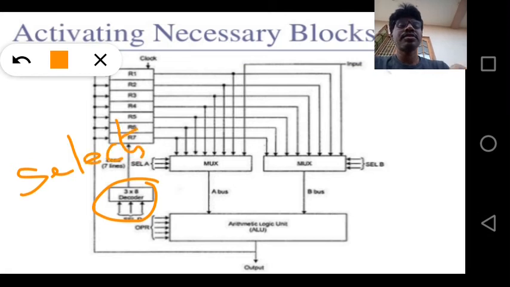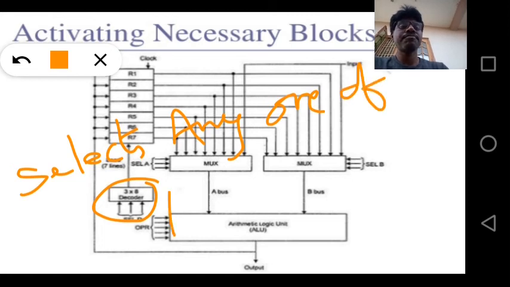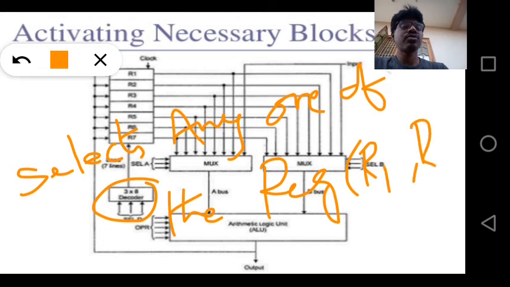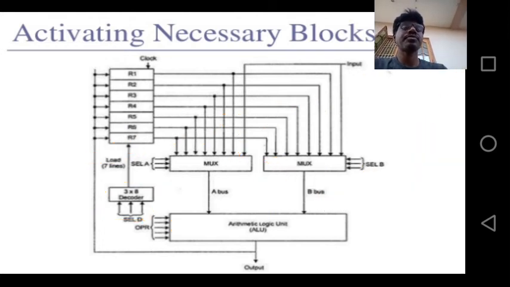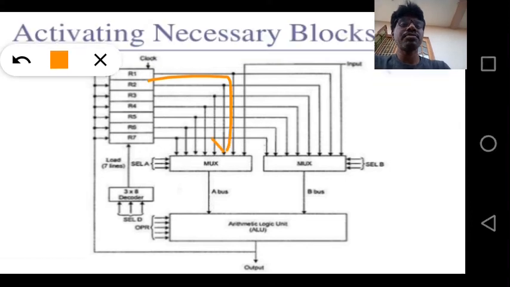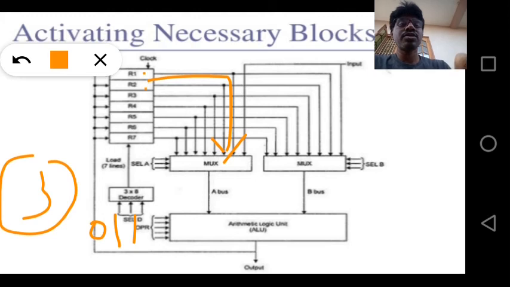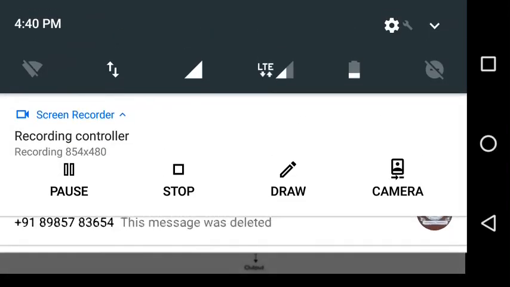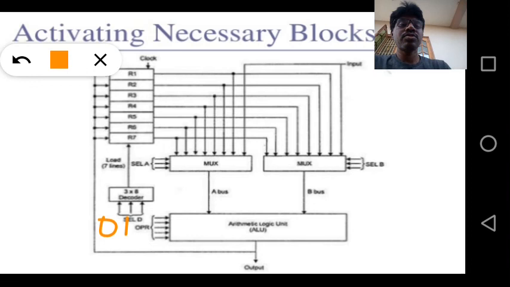So ultimately, this 3/8 decoder selects any one of the registers R1 to R7. When you select a particular register, that data, for example, if the input is 0, 1, 1, the third register, R3, will place its data on the output.